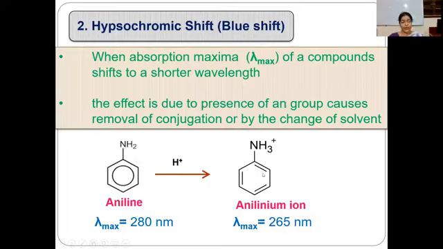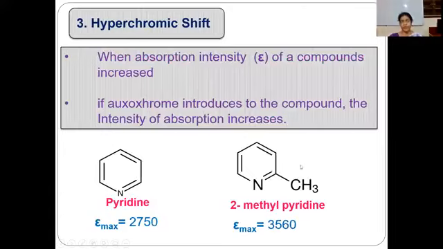In this condition, the value of absorption maxima or lambda max decreases to 265 nanometer. So it is the example of hypsochromic shift where the value of lambda max decreases. These two shifts, bathochromic shift and hypsochromic shift, are related to the change of value of lambda max.